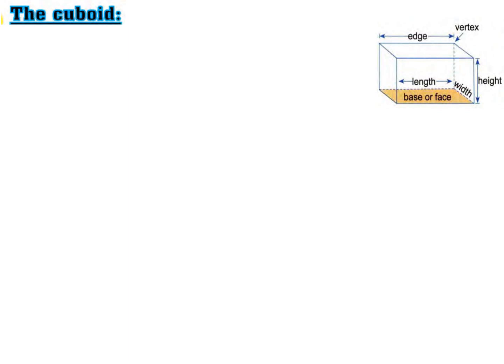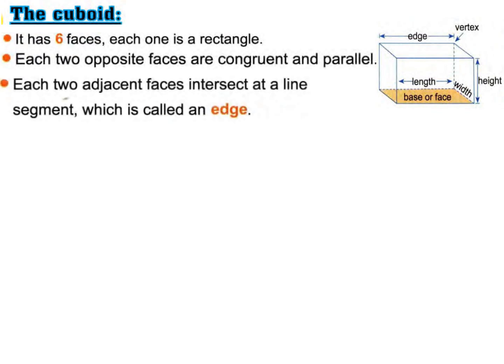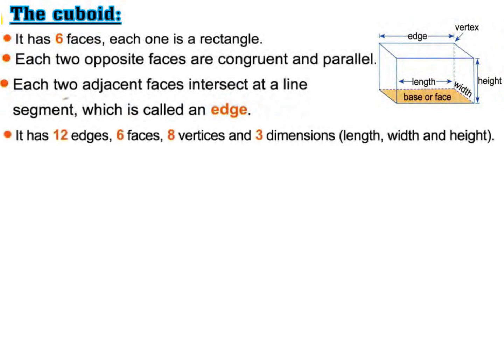Each of the 6 faces is in the shape of a rectangle, and each two adjacent faces intersect at a line segment called the edge. Each two opposite faces are congruent and parallel. It has 12 edges, 6 faces, 8 vertices, and 3 dimensions: length, width, and height.